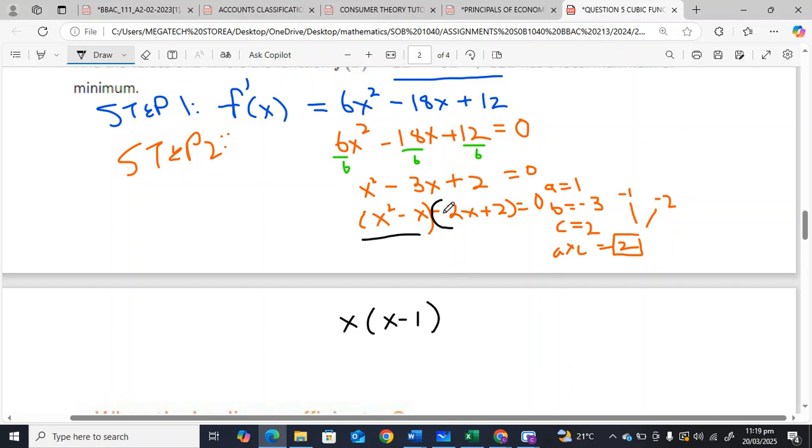You can do it like this, negative 2. So you say negative 2x divided by negative 2x. 2 divided by negative 2.